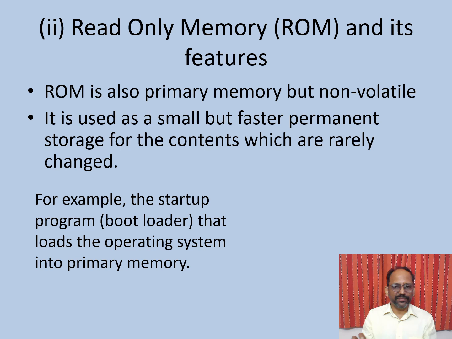So operating system files are not initially stored automatically in the main memory of the computer. The first program that starts when we switch on the computer is the startup program. It is also called the bootloader program, and this bootloader program will be present in the read-only memory.